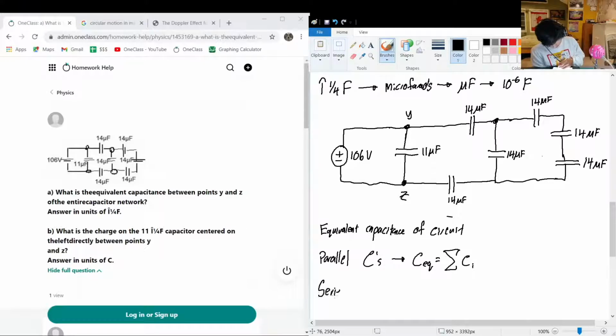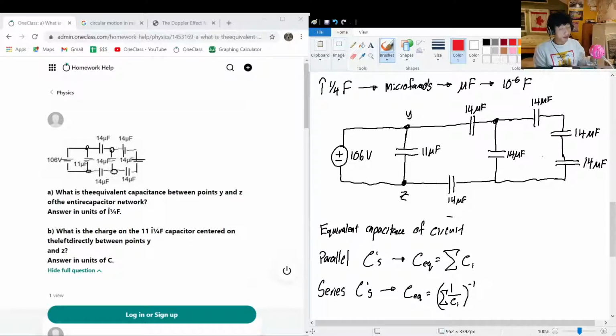Now for series capacitors, the equivalent is very similar to how you would find parallel resistors. It's going to be the sum of 1 over the C components, and that whole thing to the power of -1.